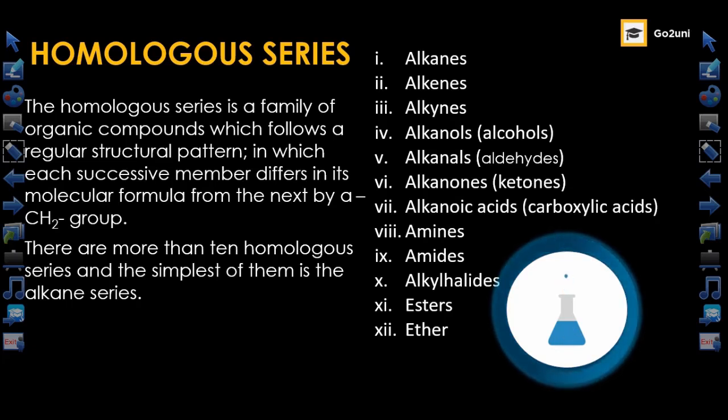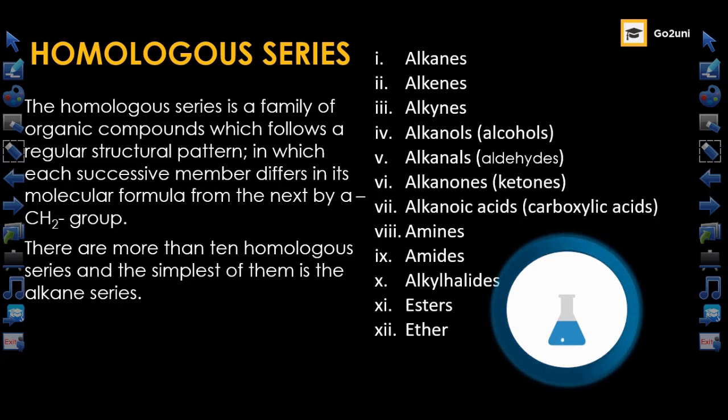So we can now say homologous series is a family of organic compounds which follows a regular structural pattern in which each successive member differs in its molecular formula from the next member by a CH2 group. That is what we refer to as homologous series. And we have just seen examples of homologous series.